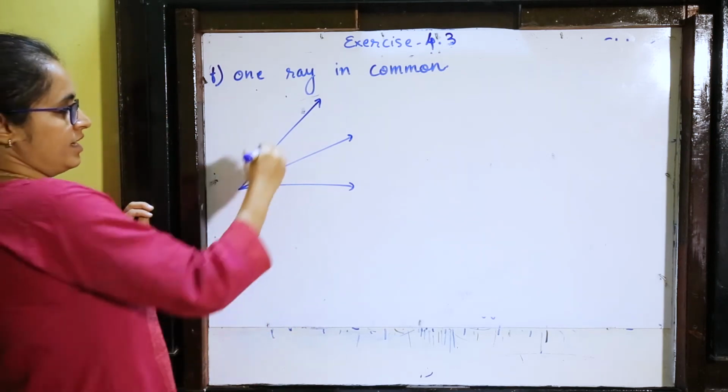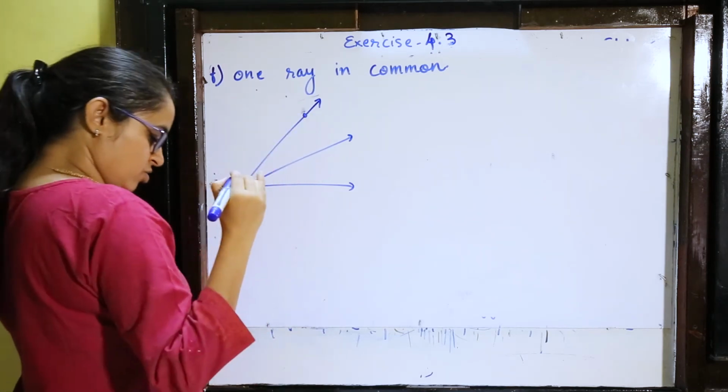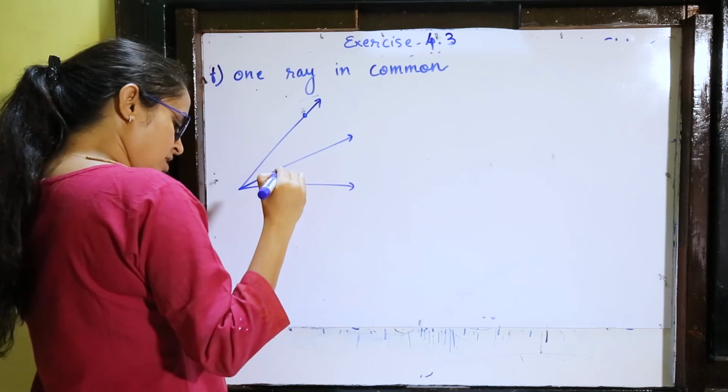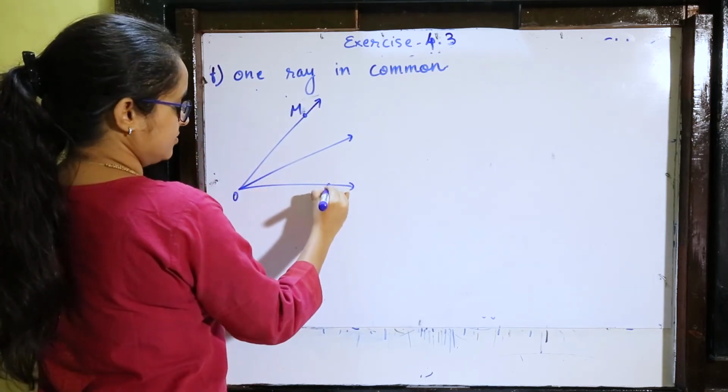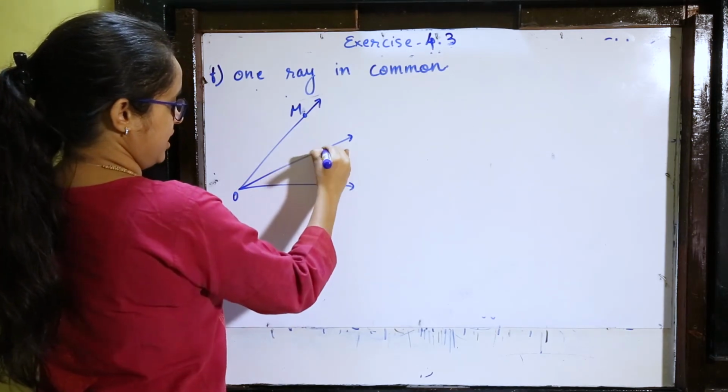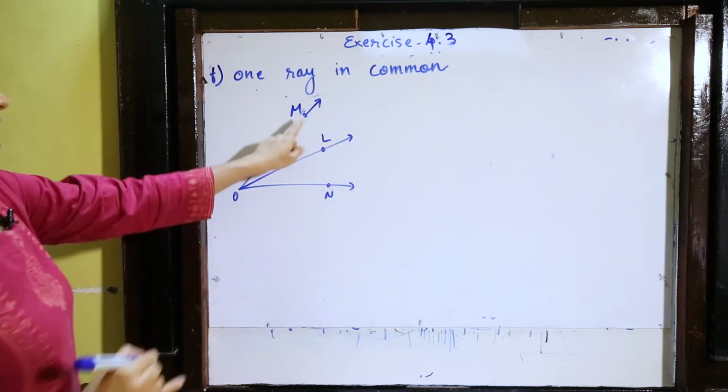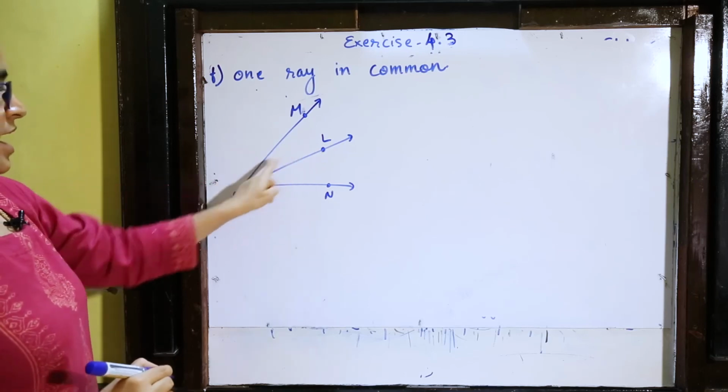Okay, fine. This is one ray in common, so you can write like this: angle MON and here L. So angle LOM and angle LON.